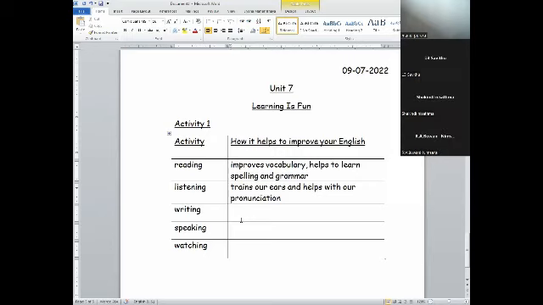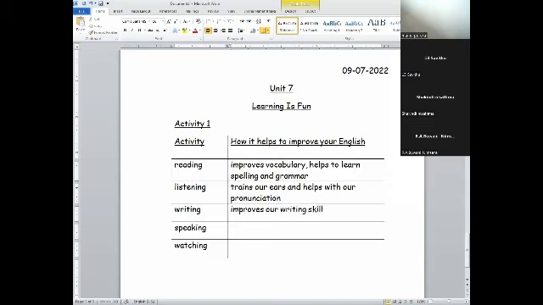No. Then what did you write there? Helps to learn grammar. Sorry, Bhuwani, what did you write there? Helps to learn grammar. Yes, that's why. You can write whatever suitable answer, like improves our writing skills.